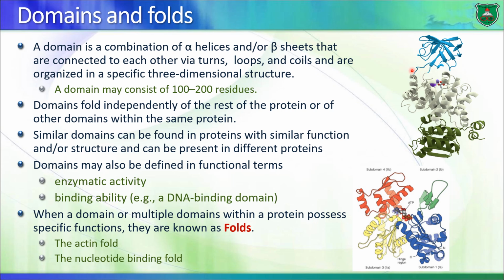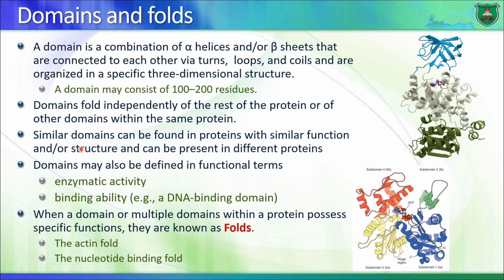Now the thing is, if you cut this with scissors, for example, this domain would maintain its structure, and it would also maintain its function, similar to this domain right here. So if you cut it from the other two domains, it can maintain its structure and its function, and same thing with this domain right here at the end.